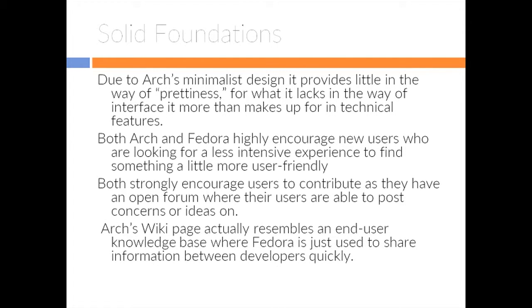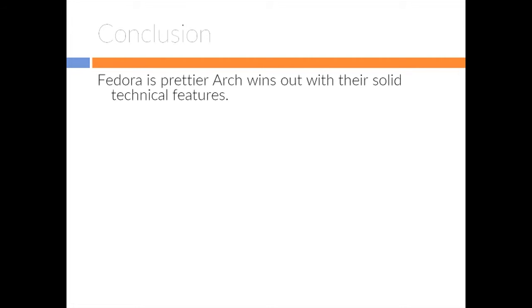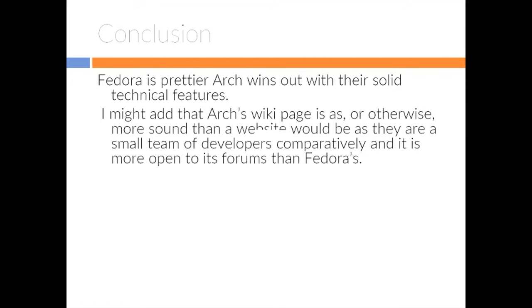Arch's wiki page actually resembles an end-user knowledge base, whereas Fedora is just like a basic wiki page that developers use to send information quickly between each team. So in conclusion, Fedora is prettier, but Arch wins out with their solid technical features.